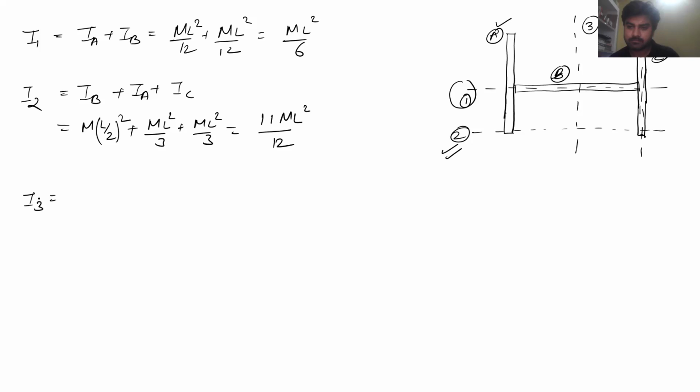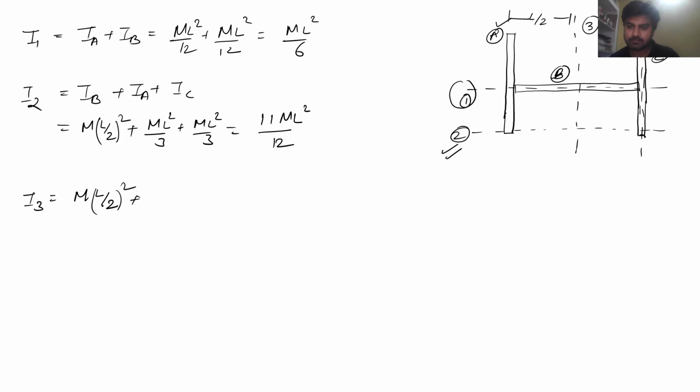Now if I talk about the third axis, this one axis. So parallel to this third axis, A rod and B rod are there. So I use the parallel axis theorem. For IA it will be ml square, L by 2 square, because the distance of this axis is L by 2, right?